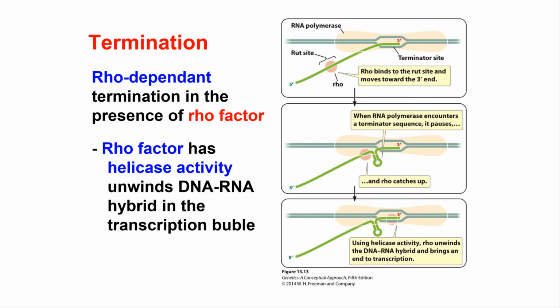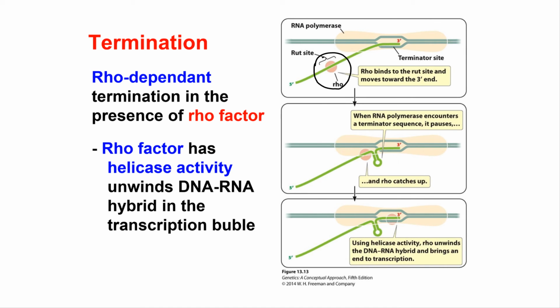Rho-dependent termination depends on two things. There is a so-called rho binding site on the synthesized RNA. So rho binds to the rut site and moves towards the 3' end of the synthesized RNA. Whenever RNA polymerase encounters the terminator sequence, it pauses.